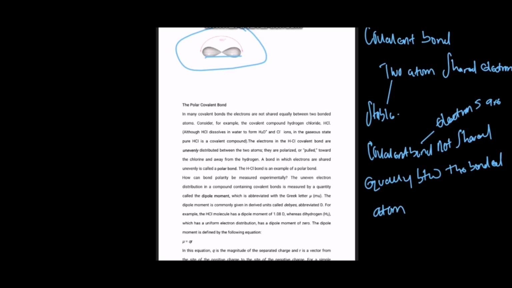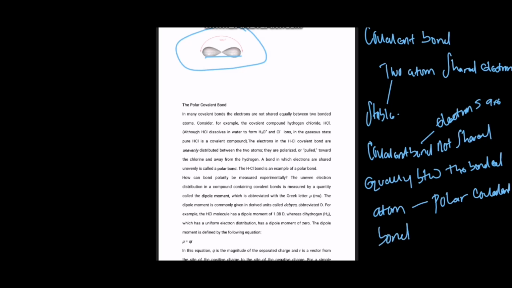Let's get to this point. In many covalent bonds, the electrons are not shared equally between the two bonded atoms. When this happens, it forms what we call the polar covalent bond.